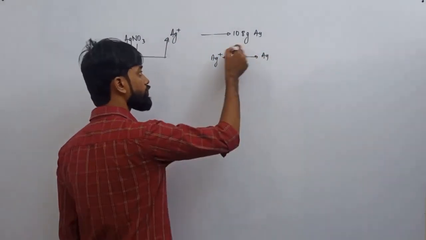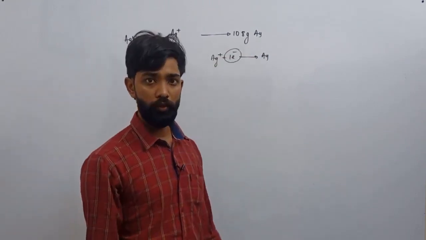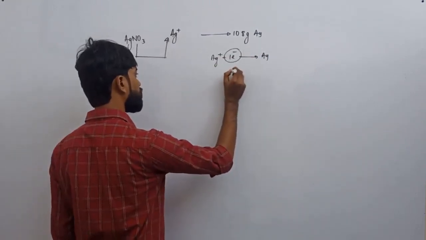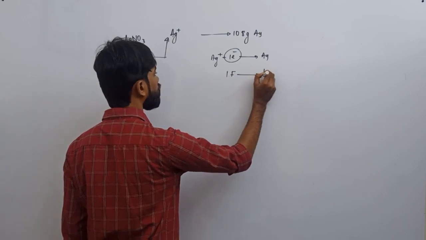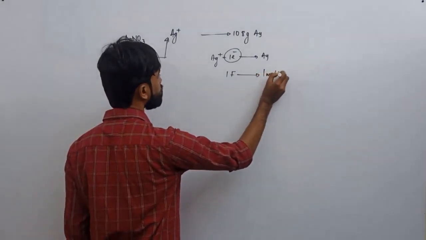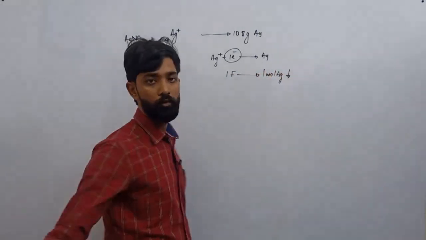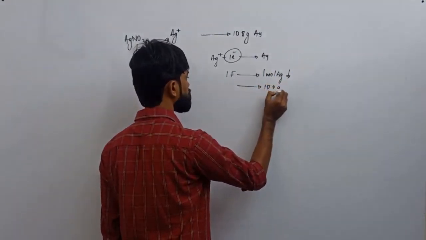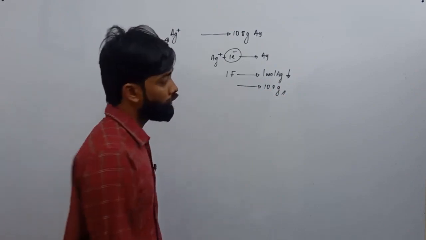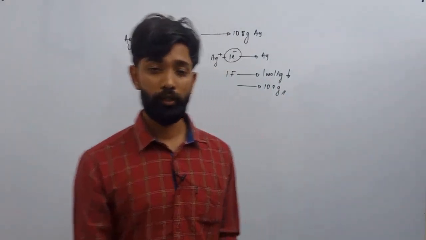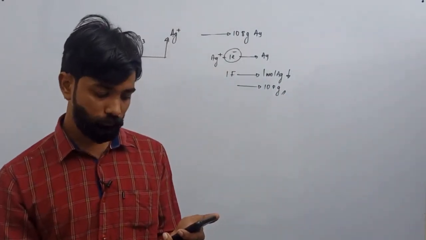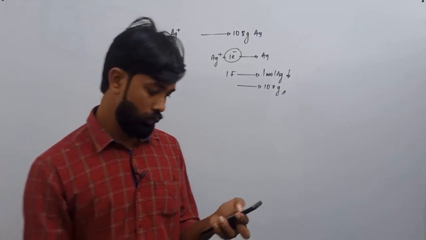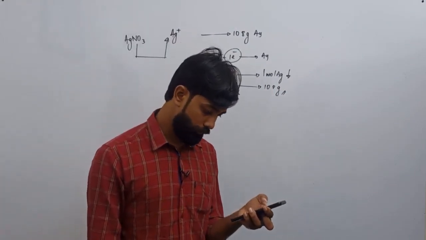Here the electron involved is 1, which means that by applying 1 farad, 1 mole silver will deposit, right? 1 mole silver means 108 grams silver. So in order to deposit 108 gram, we want to supply 1 farad. The choice is 3.